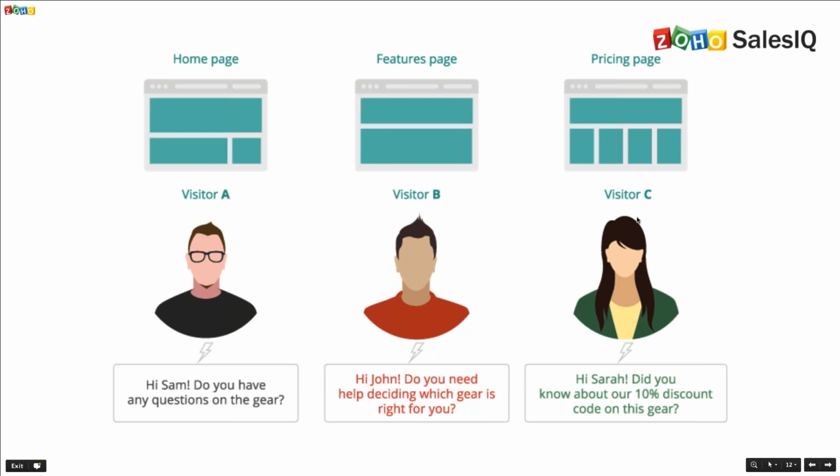And again, a third kind of visitor, let's call her C, is on the pricing page going through all the price and the comparison. While she is still making up her mind or probably not sure which way to go, your intelligent trigger is exactly timed to pop up and offer her this good deal, the 10% discount.